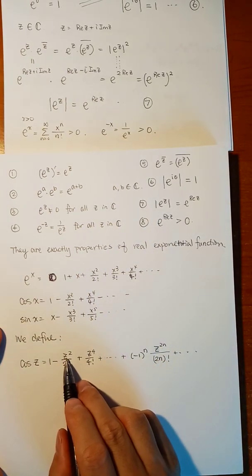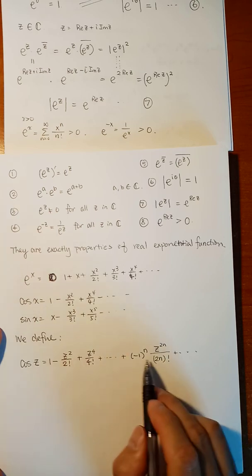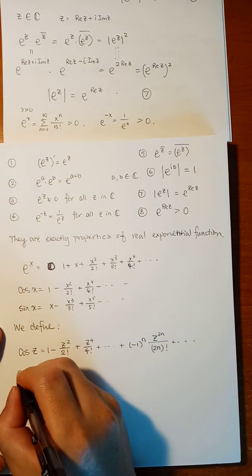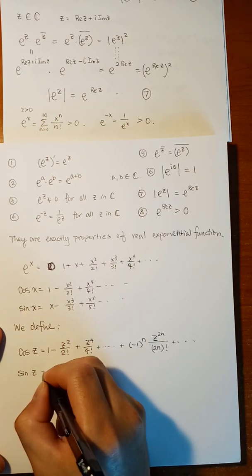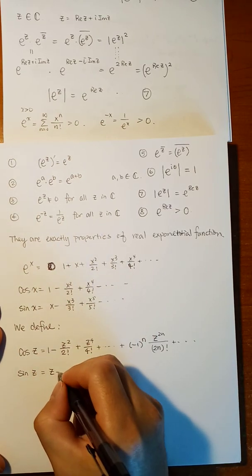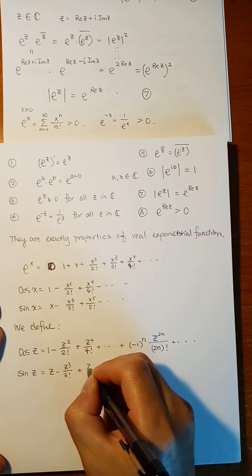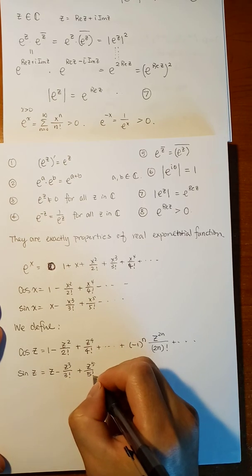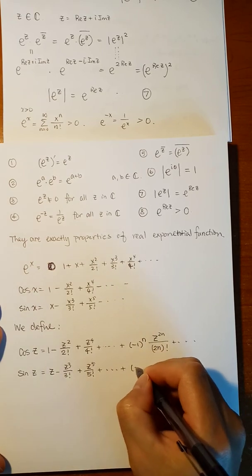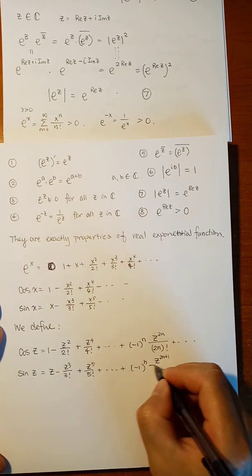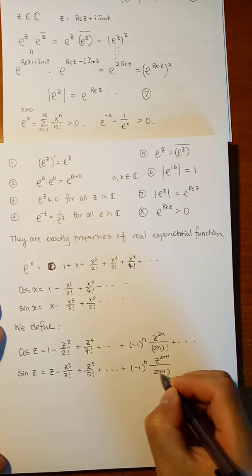If n is odd, it is negative. If n is even, it's positive. That's cosine. Sine is z minus z cubed over 3 factorial plus z to the 5 over 5 factorial, and so on, with negative 1 to the n, z to the 2n plus 1 over 2n plus 1 factorial.